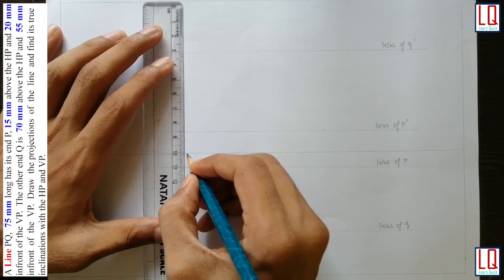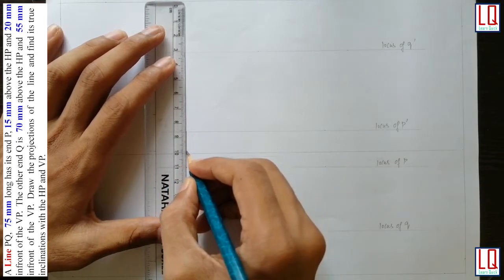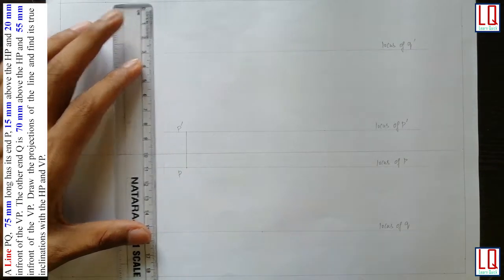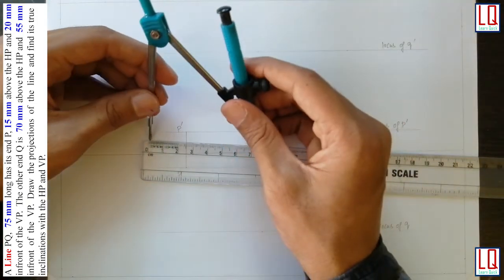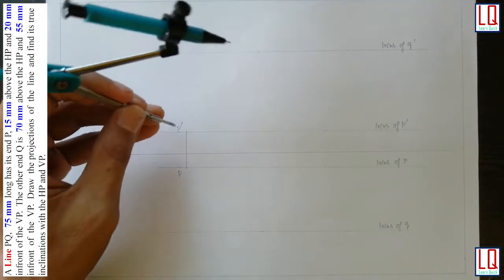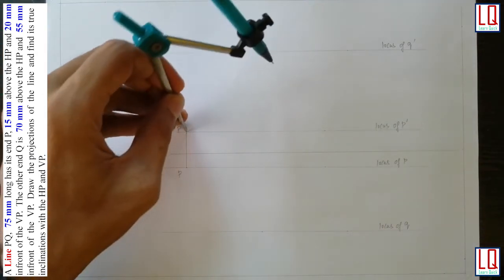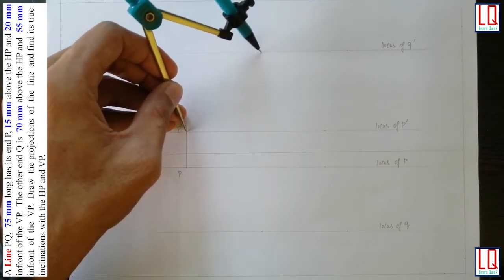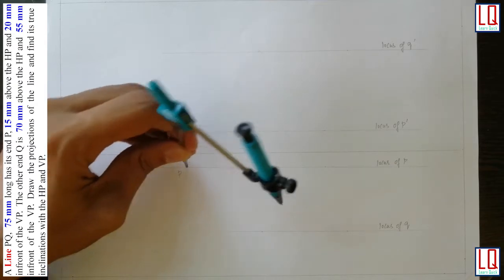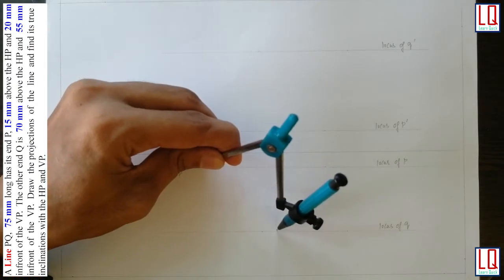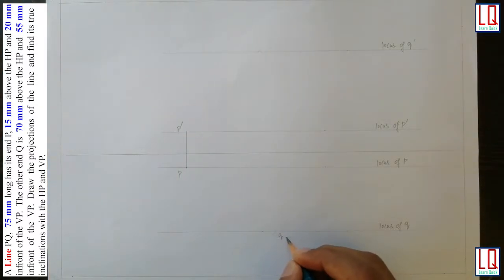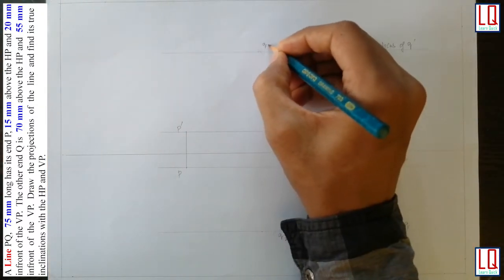Now consider a point in XY line and draw the projector of P dash and P. Now measure the true length of the line, 75 mm, and from P dash cut an arc in the locus of Q dash. Similarly, with the same 75 mm true length, cut an arc in locus of Q. Name it as Q2 and Q1 dash.